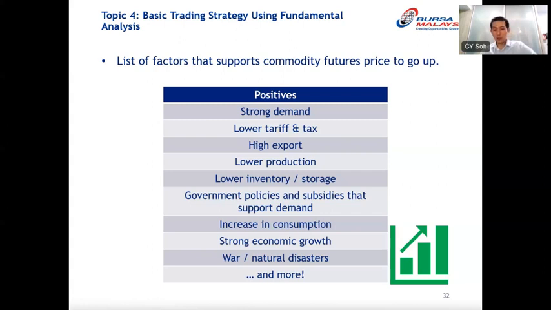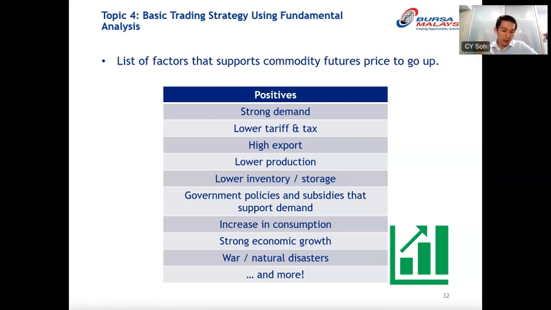Same thing with lower storage and lower inventory, it means commodity supply is lower. So this indicates a potential shortage in the market. Investors and traders anticipate this scarcity to happen, so they will bid the price up for the futures. They are willing to pay a higher price in order to get the physical commodities.